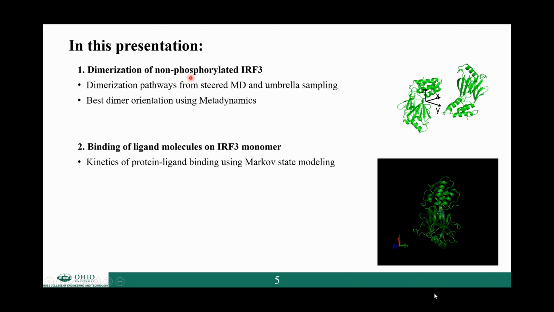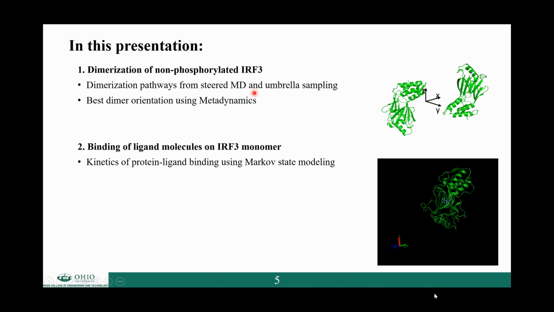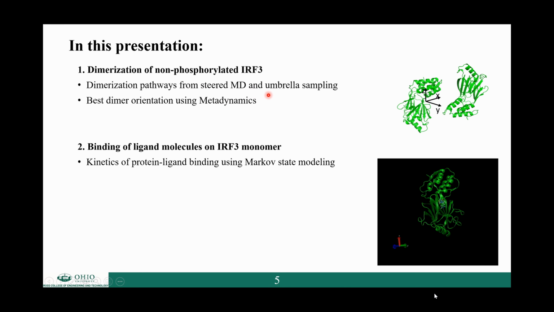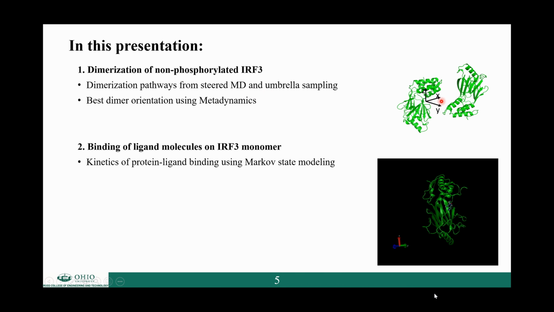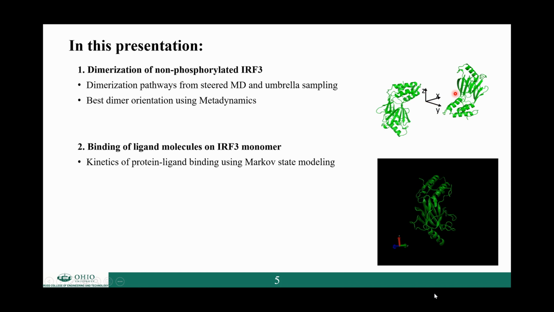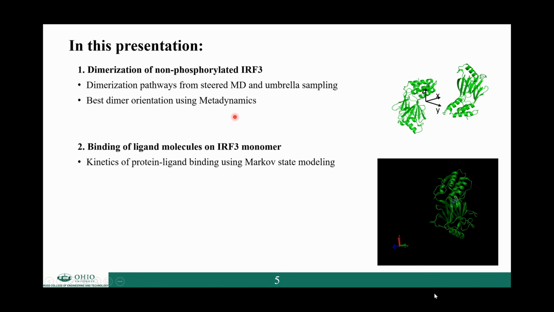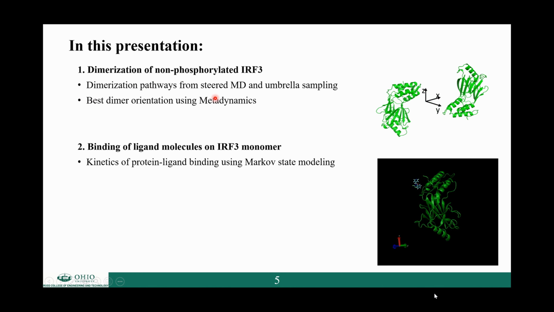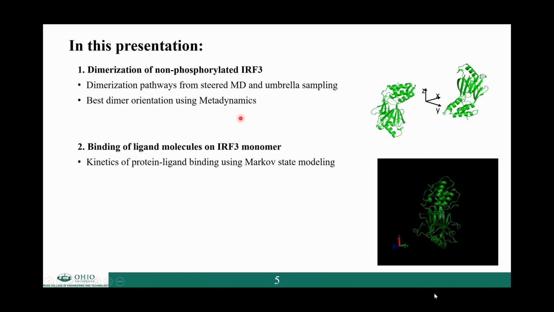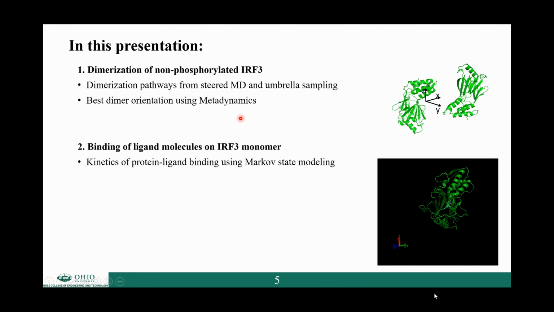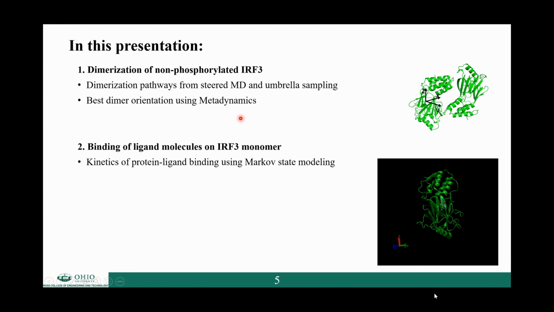We used steered MD simulation to generate the initial configurations, and we used the umbrella sampling technique applied on the reaction coordinate, which is the distance between the two proteins. And we are going to do further analysis using metadynamics simulation to find the best conformation between the two proteins when they are close together.